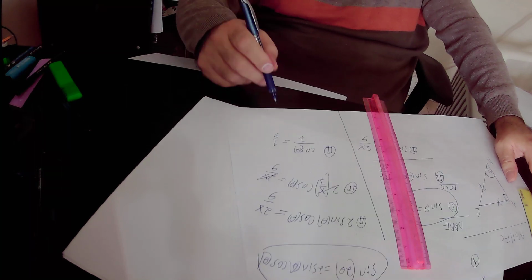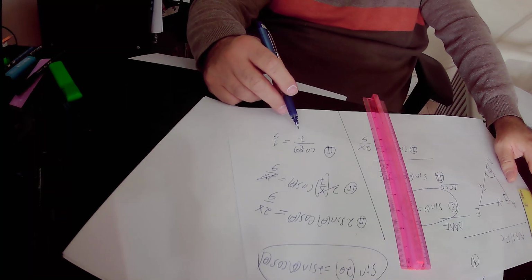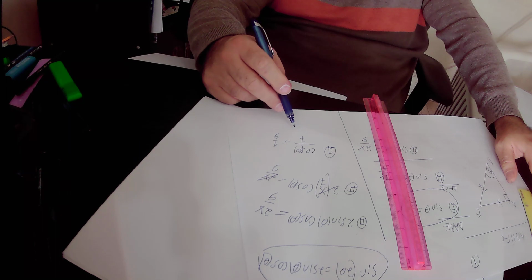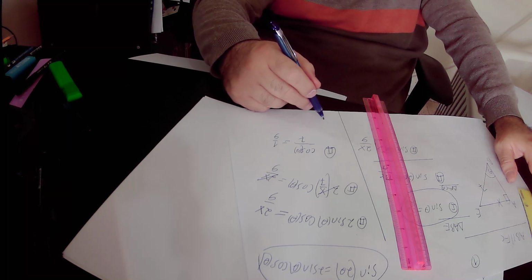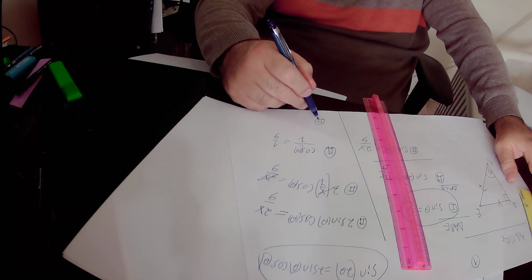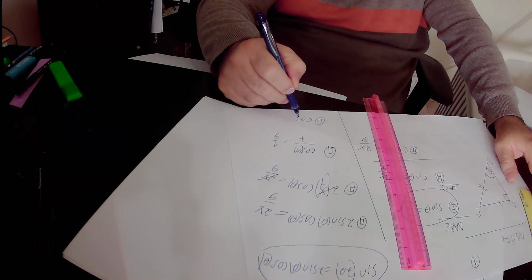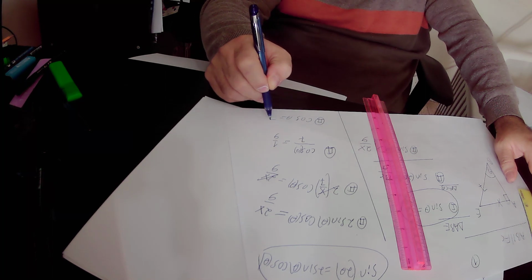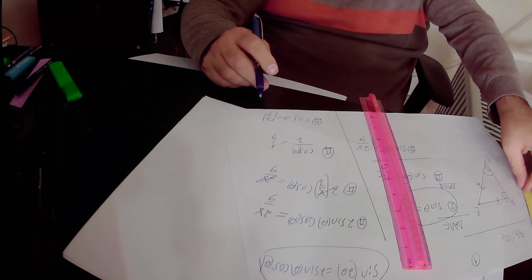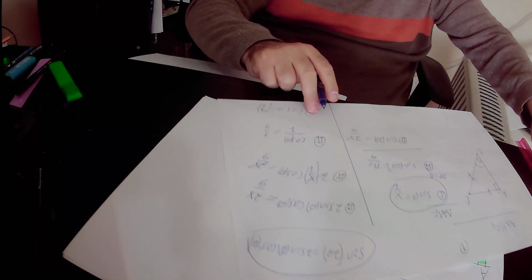So here we will multiply this equation number 2 by 7, and we will get that cosine theta equals 7 over 9. Okay, cosine theta equals 7 over 9.